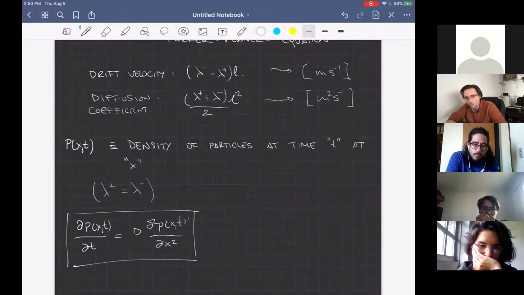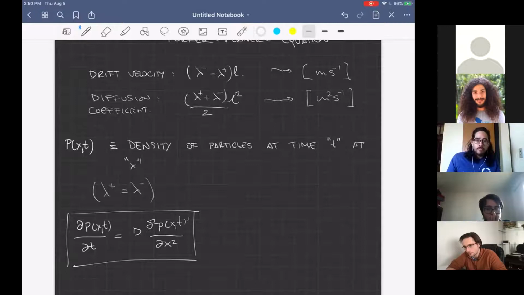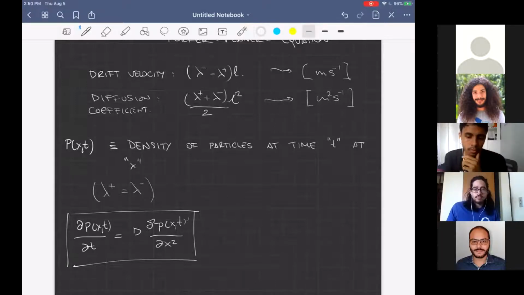And I want to know how many of you are familiar with this equation. How many of you have seen this equation before? You can raise your hands if you want. That will be very helpful. Okay, not so many. Well, it's growing.